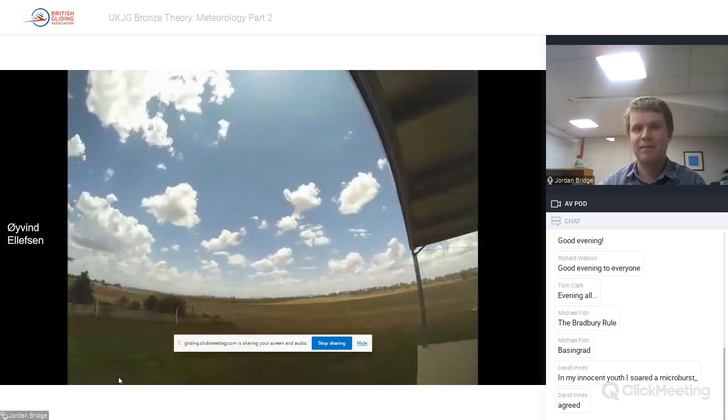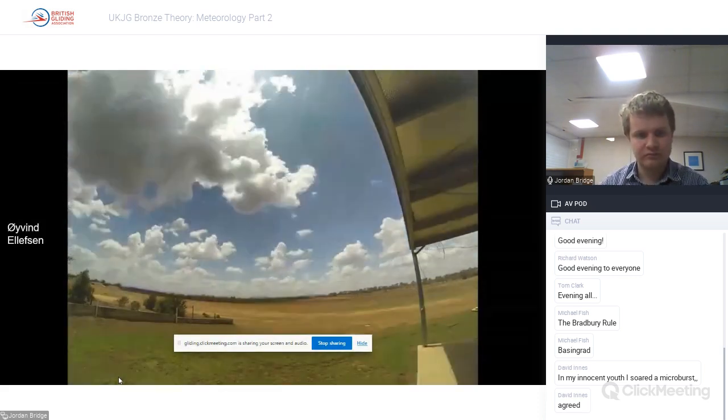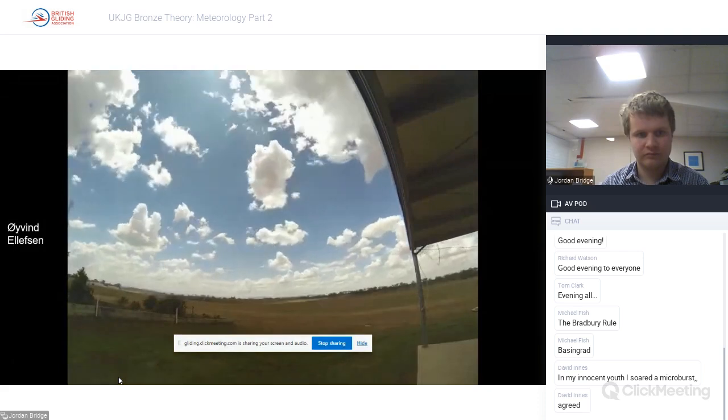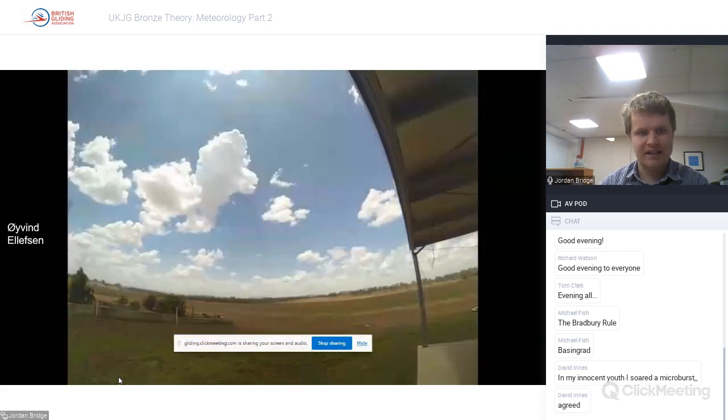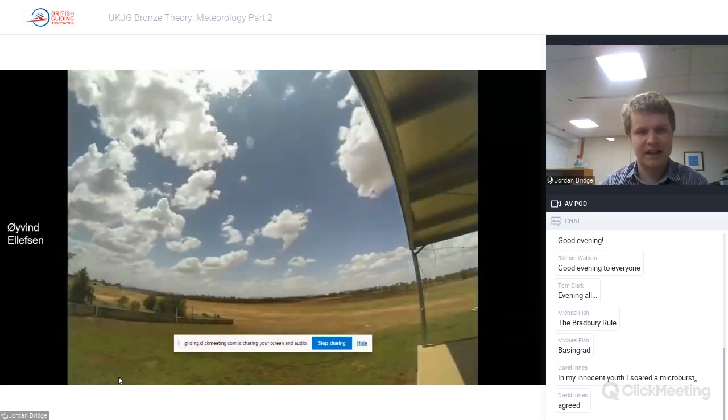A storm is coming. Notice the clouds are starting to get a little bit taller in some places, getting a little bit bigger.